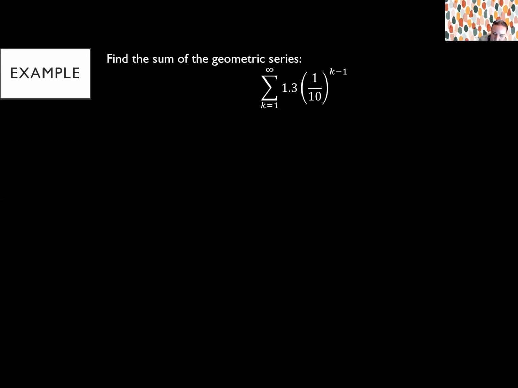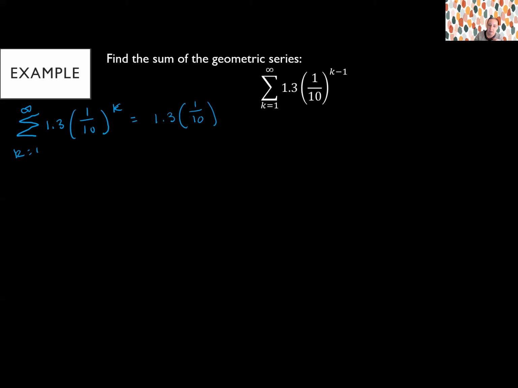So as a note, if you had k equals 1 to infinity of 1.3 times 1 over 10 to the k, that doesn't work because you're missing a term. If you have just the k, your first term would be 1.3 times 1 over 10, and so you're actually missing that first term, which would be just 1.3.